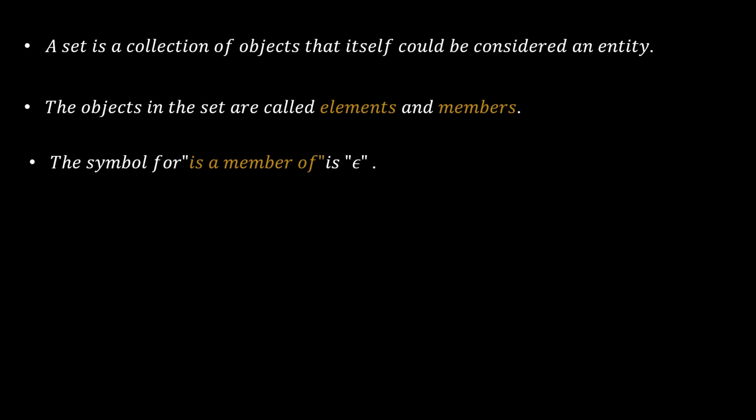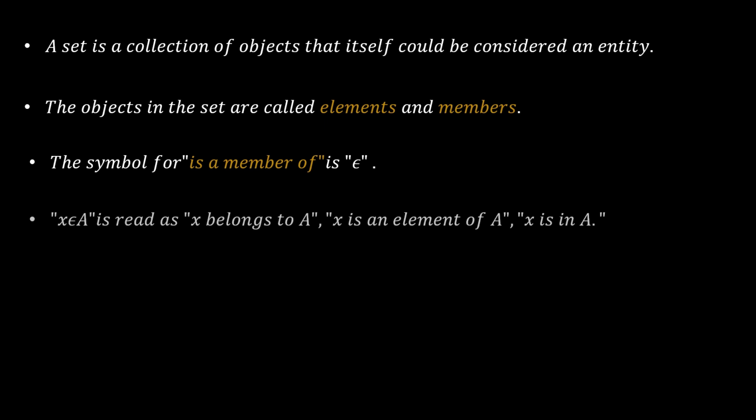The symbol for "is a member of" is this epsilon sign, such that if we say x ∈ A, this is read as x belongs to A, or x is an element of a set A, and A here represents a set. Sometimes we could also say that x is in A.